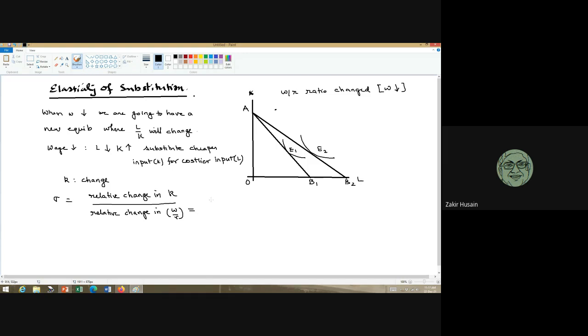So this is simply dk by k, and this is dwr by wr. So we can write this as dk by dwr. This is the elasticity of substitution.